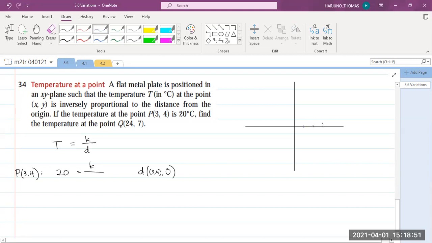1, 2, 3, then 1, 2, 3, 4. What is the distance? Now you see that you use the Cartesian coordinates and the Pythagorean theorem, right? So this equals the square root of (3 minus 0) squared plus (4 minus 0) squared. That equals 5.